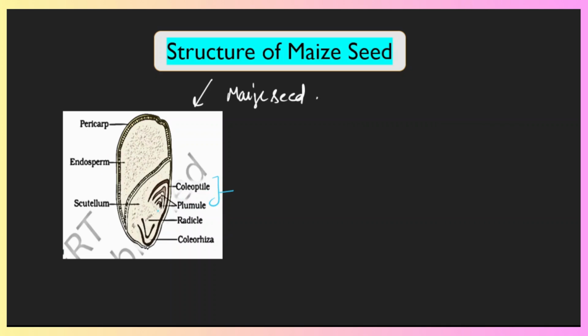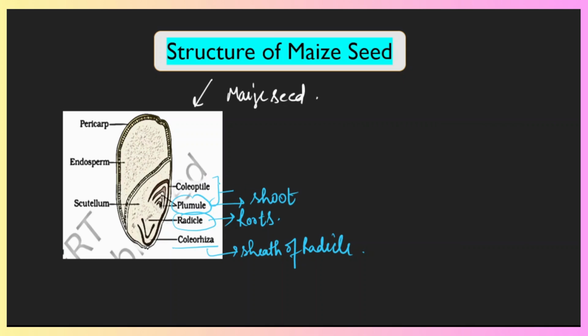In the hypocotyl, below the level of the cotyledon, the radicle is formed. The radicle forms the root system, and the sheath of the radicle is called the coleorhiza. The plumule forms the shoot system.